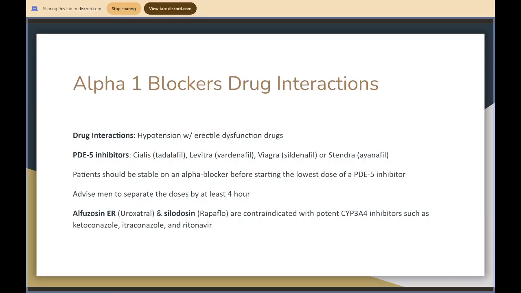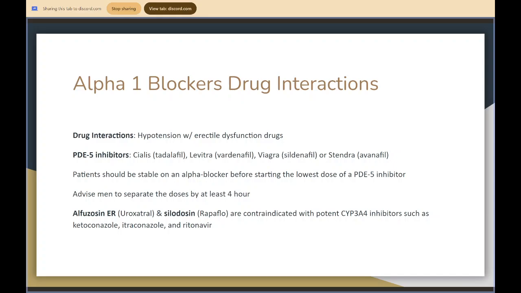Alpha 1 blockers, their drug interactions. We have hypotension with erectile dysfunction drugs, which will be the PDE5 inhibitors. In the chat, can you type in what PDE stands for? Once again in the chat, PDE, what does that stand for? So we have Cialis, Levitra, Viagra, or Stendra, and that's going to be the tadalafil, vardenafil, sildenafil, or avanafil.